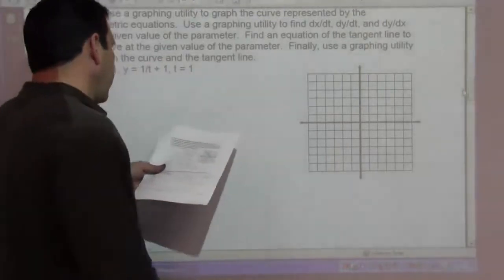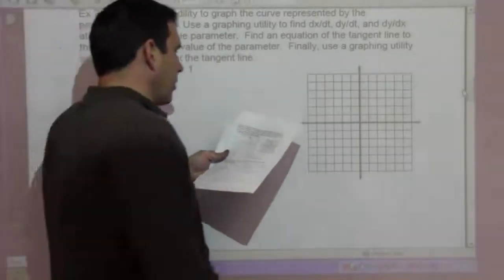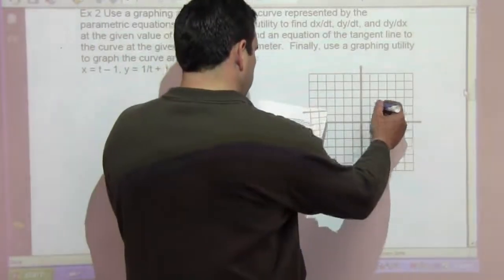So in graphing this, we have x equals t minus 1, y equals 1 over t plus 1. So our curve looks like this.